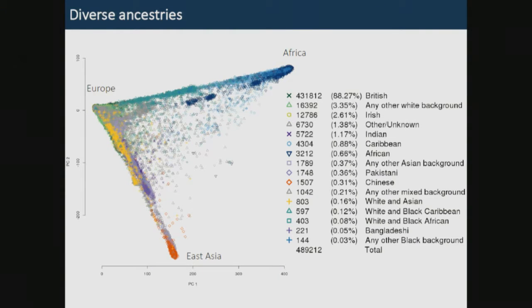And we've grouped people broadly into different continental groups. You can see that there's a large number of people who cluster as European, a large number of people who cluster as African, and a large number of people who cluster as East Asian. But there's a large spread of individuals between that. And that's really showing that Biobank has a very large and diverse set of ancestries.